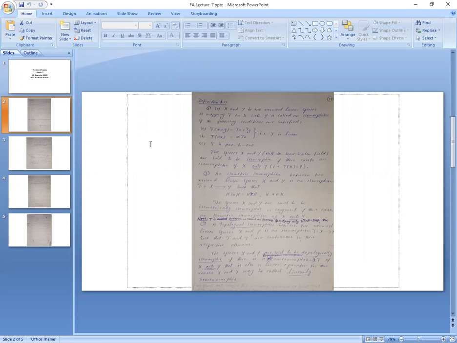Together, these two conditions are the conditions of linearity. Or in other words, you can say that your operator T is linear. And the second condition, condition C, says that T is one-to-one.